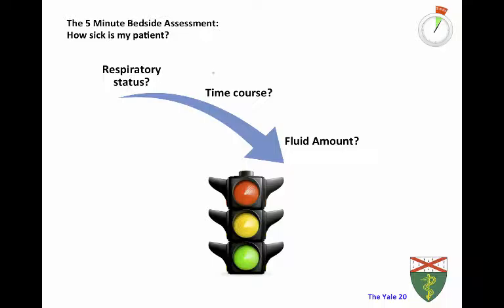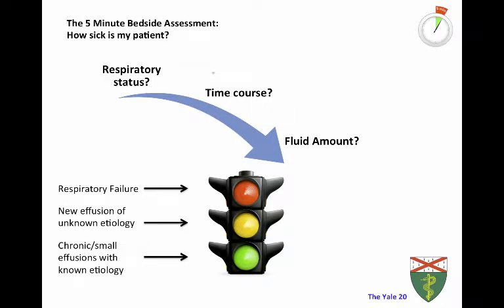We love using this stoplight to give you an idea of how to triage. Red is usually what we use for patients who need a higher level of care. Yellow, patients who need inpatient management or investigation. And green is mostly patients who can be managed on an outpatient basis, not needing admission to the hospital. In pleural effusions, if they're in respiratory failure, they definitely qualify for the red category. If they have a new effusion of unknown etiology, so no one has ever found this effusion before and you suspect, based on your clinical judgment, that there may be something else going on, that's in the yellow category, probably needing inpatient management.